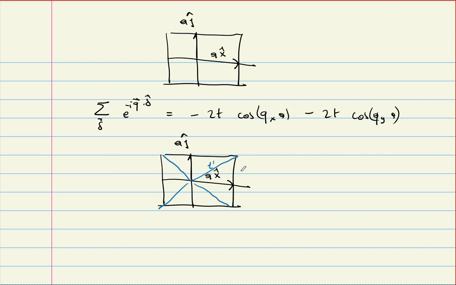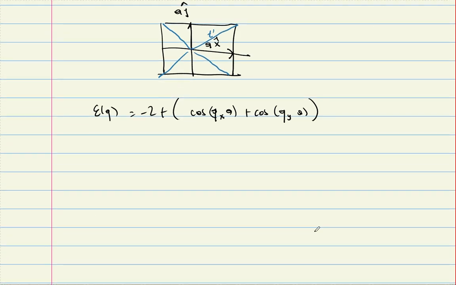And the spectrum is going to be E of Q, exactly this same thing, minus 2t cosine qxa plus cosine qya. So this is the nearest neighbor hopping, plus 2t prime.